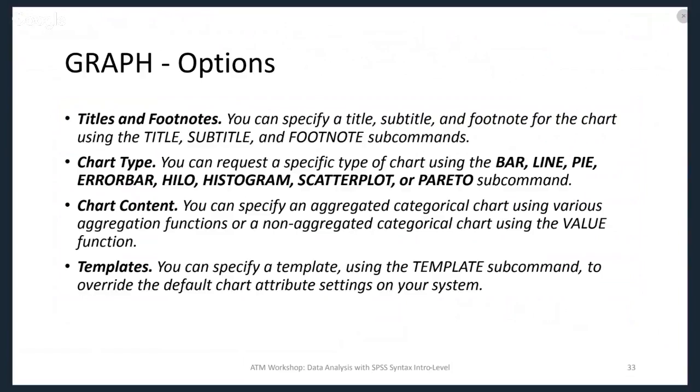So we don't have to memorize everything, but it's good to know all the possible charts you can produce. How do you know how many charts are available in SPSS? Number one is just checking the SPSS syntax reference, or you can point and click on chart and click everything, and then you can see nearly every possible option, right? So you can delete some unnecessary stuff out of it.